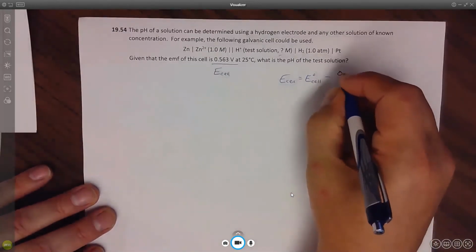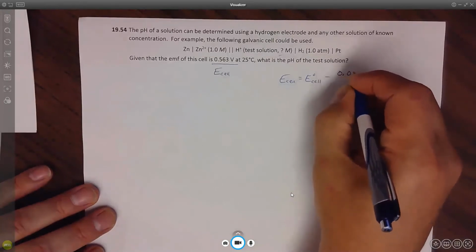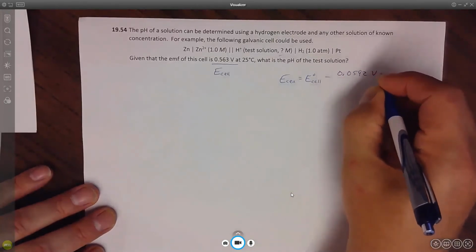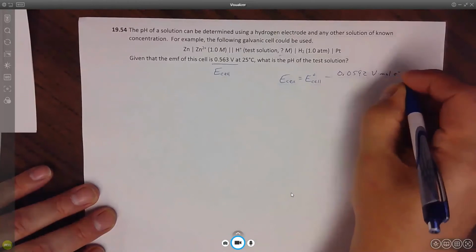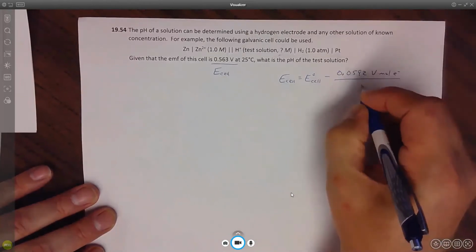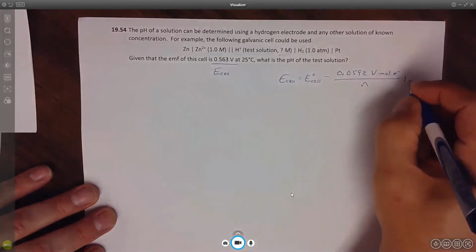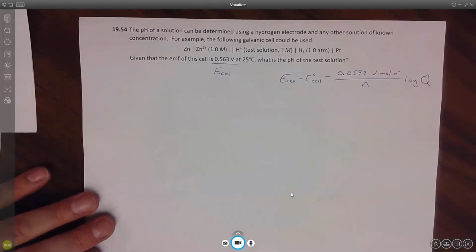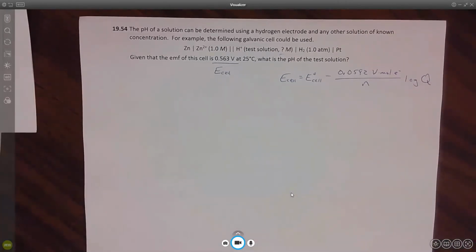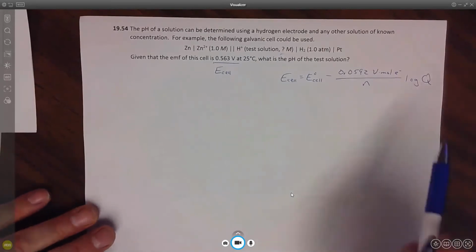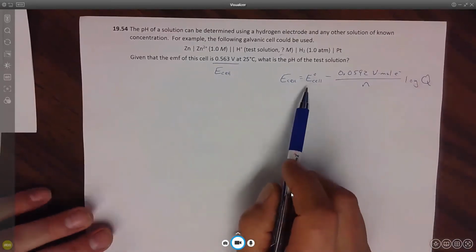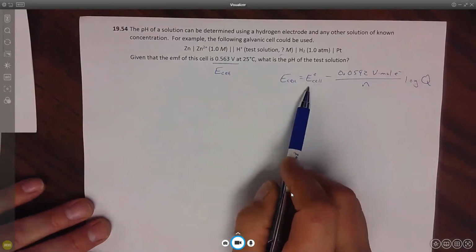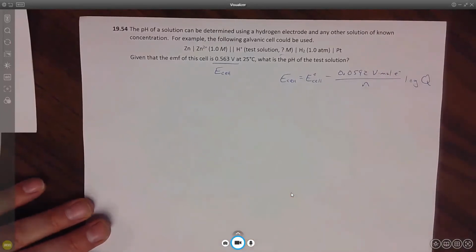So it's minus 0.0592 volt times mole of electron divided by n, the number of moles of electrons transferred, and then the log of Q. So that is the Nernst equation. And so those are all the values that we're going to need. So again, we're going to need the standard cell potential and the number of moles of electrons transferred.